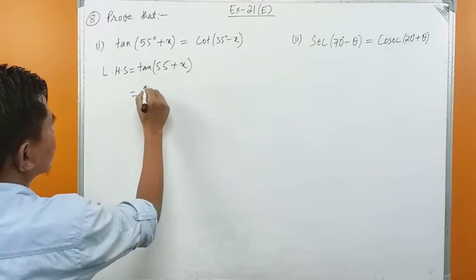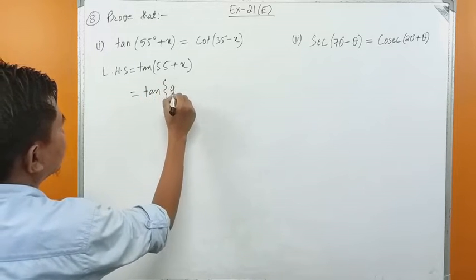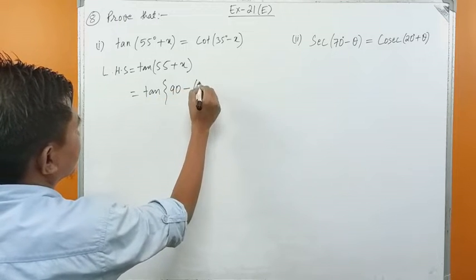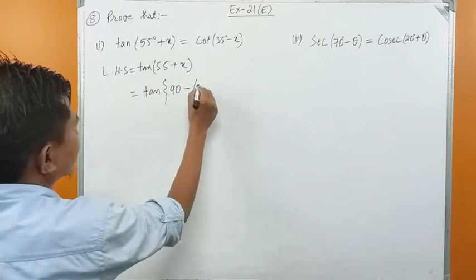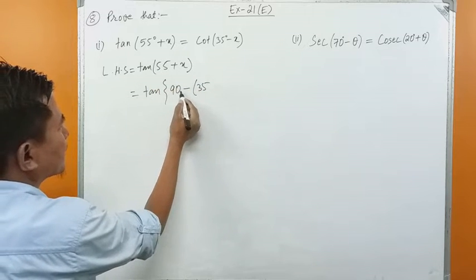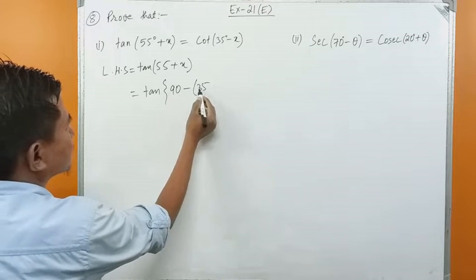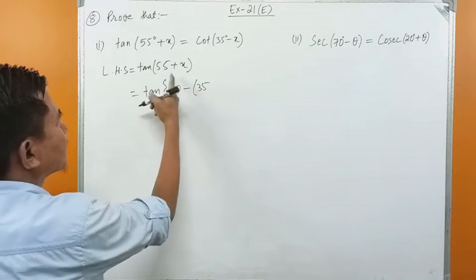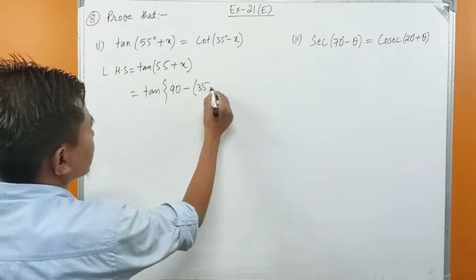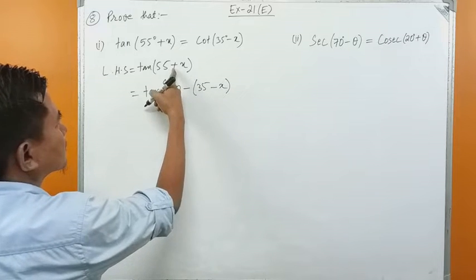So you can write this as tan of 90 minus 35. 90 minus 35 gives us 55, and we have x here, so we must write minus x, because minus into minus gives us plus x.